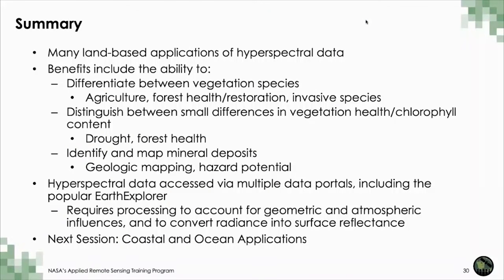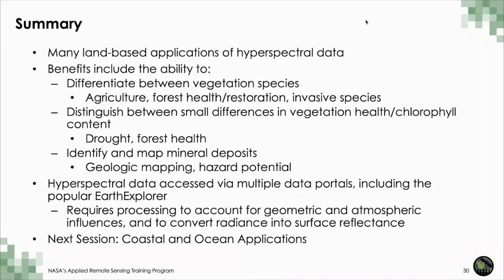Thank you, Zach, for that great demonstration. And in summary for today's session, we highlighted many of the land-based applications of hyperspectral data. These applications focus on the primary benefits of hyperspectral data, including the ability to differentiate between vegetation species, which can be useful for things like agriculture, forest health and restoration, invasive species, and so much more.